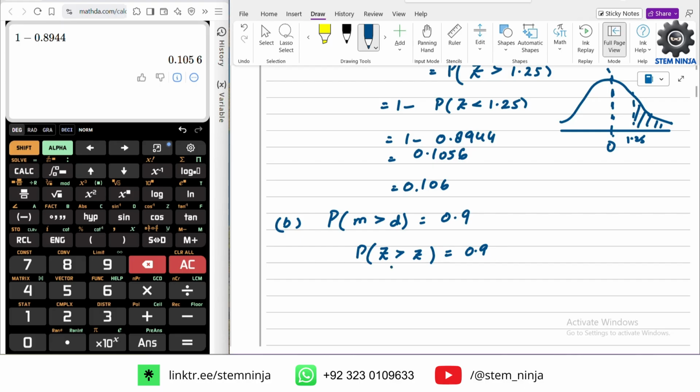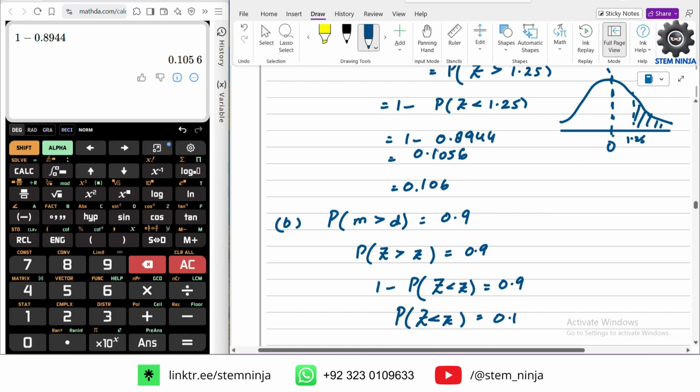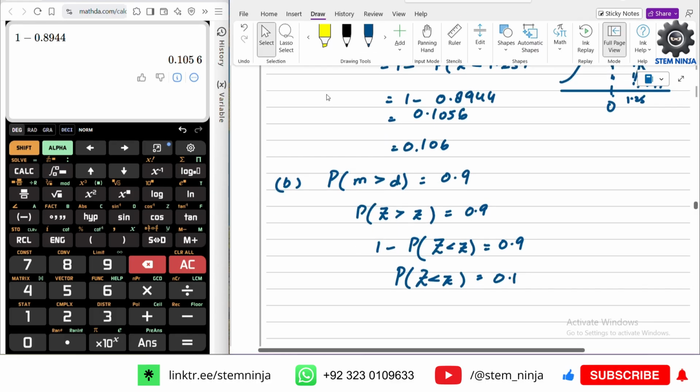The z value, sorry, this would be still, we will handle it the same way. The probability of Z less than z is equal to 0.9. So therefore the value that we are looking for is 0.1, 1 minus 0.9. Right, okay, so we just need to go back to the table and see where 0.1 comes.